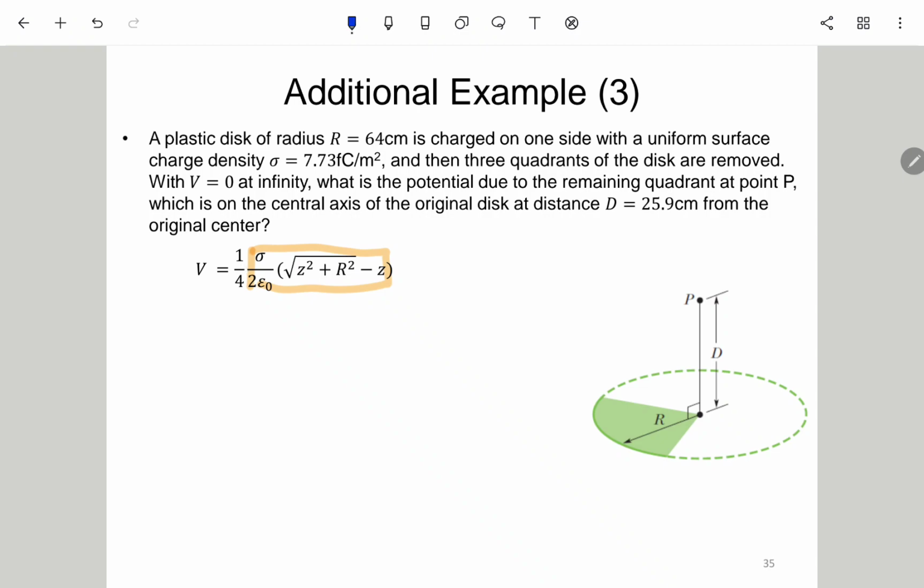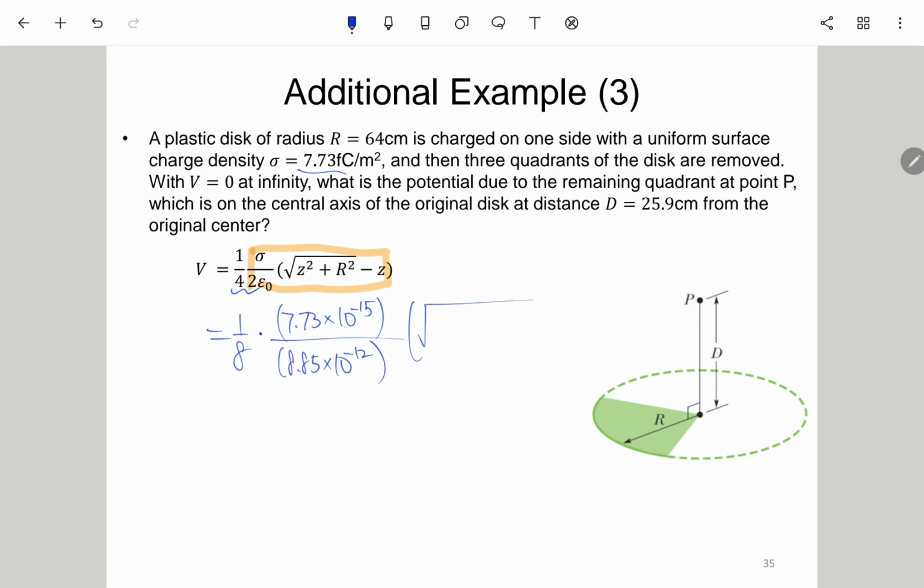So this is nothing but, okay, let's see, altogether this is 1/8 times sigma, which is 7.63 times 10 to the minus 15, and then epsilon naught is 8.85 times 10 to the negative 12, and then here we have a square root of z squared.